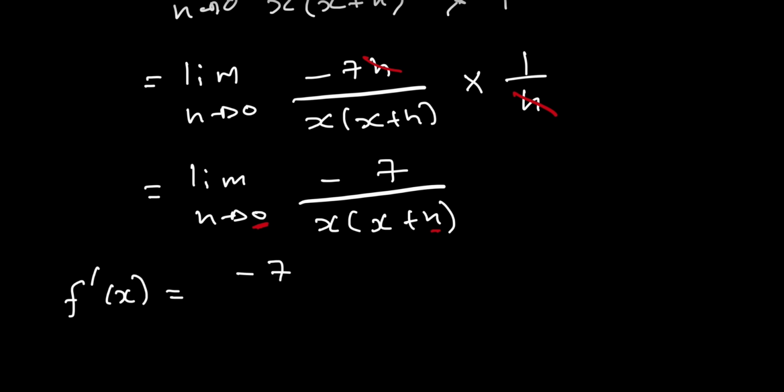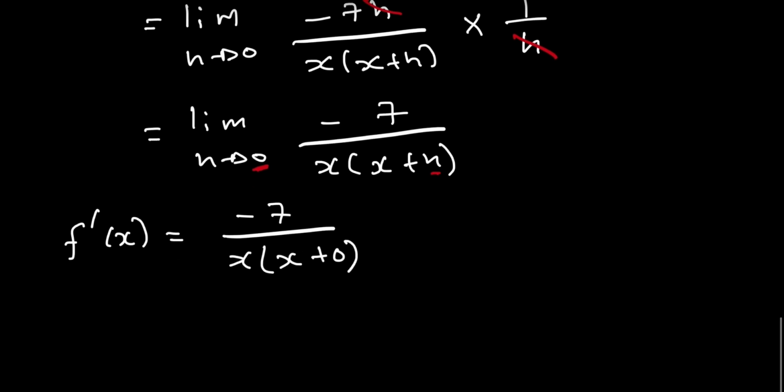So you're going to have -7 all divided by x into x plus 0. So now x plus 0 is just x. But now if you now simplify this, that's going to be -7. And then x multiplied by x, that's going to be x squared. And that will be the first derivative using the first principle.